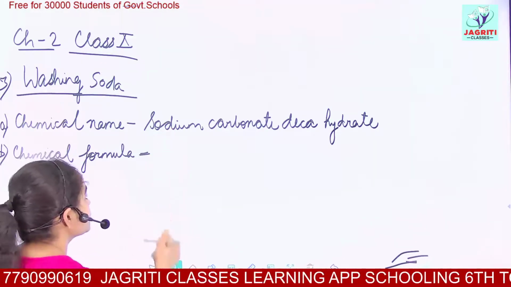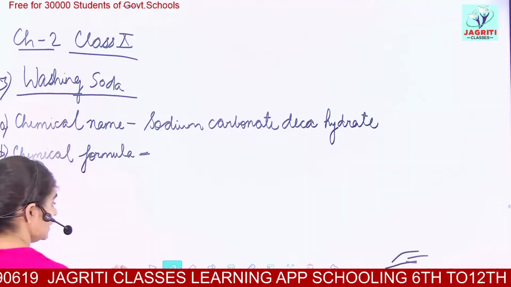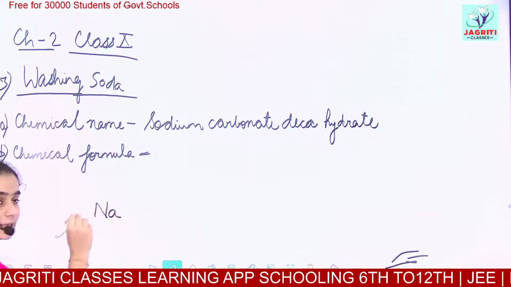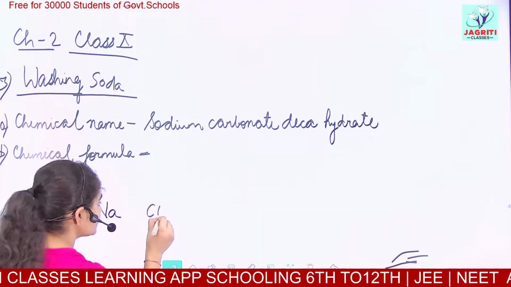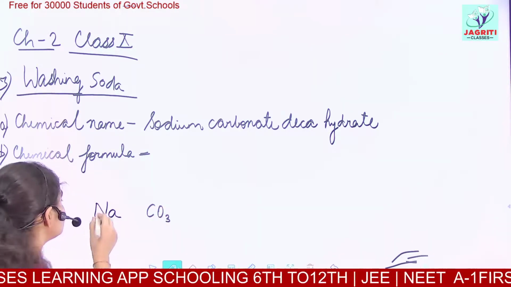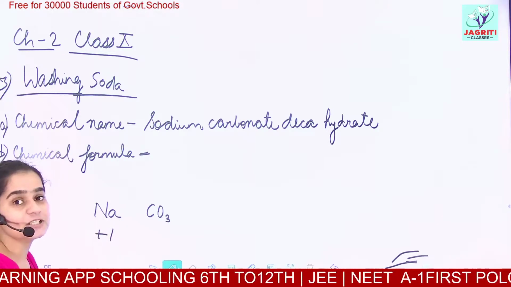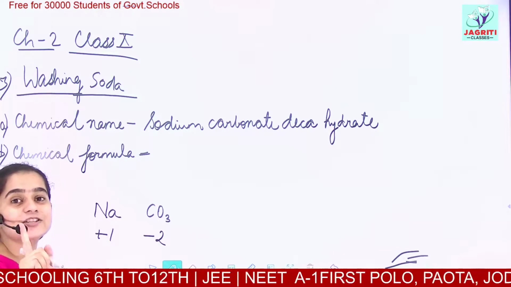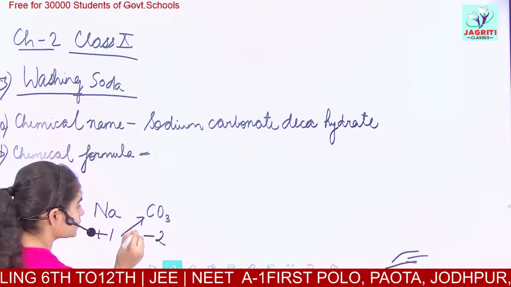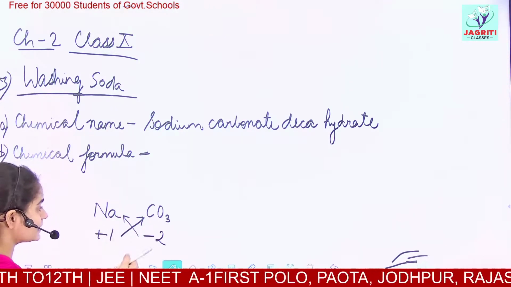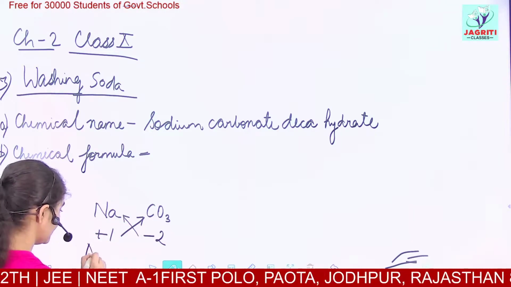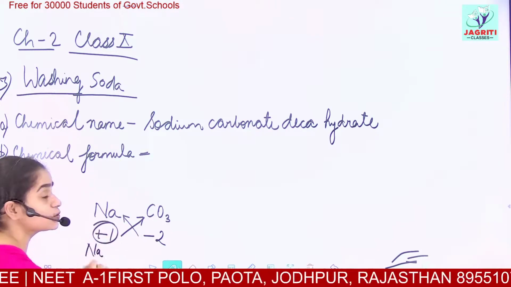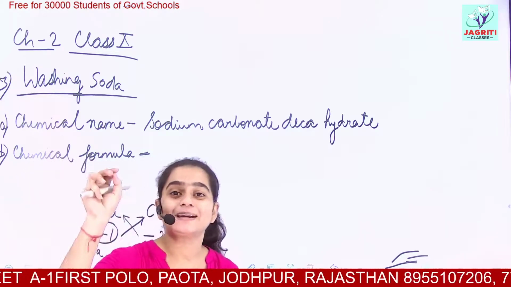The formula for sodium carbonate would be, write the symbol of sodium Na and carbonate is CO3. The valency of sodium or charge on sodium is +1 and on carbonate it is -2. The next remaining part is cross multiply the symbols. So we get Na2CO3.